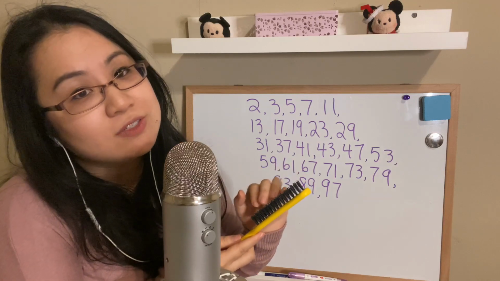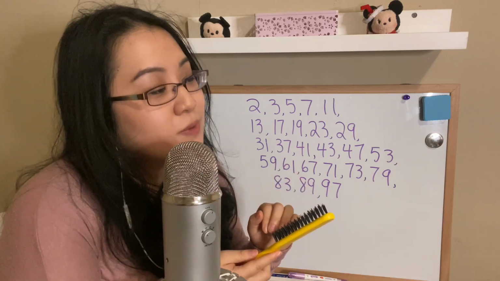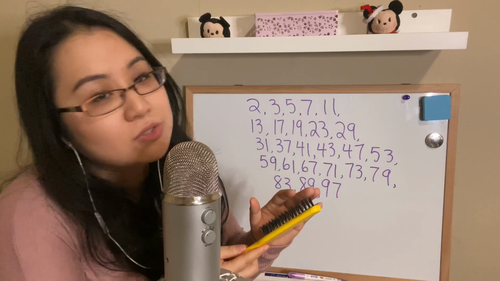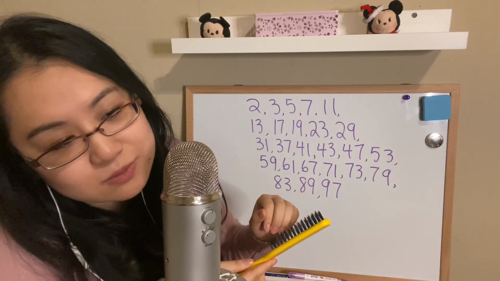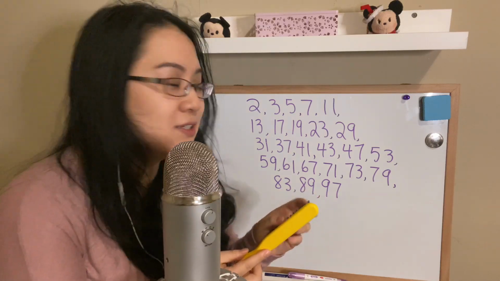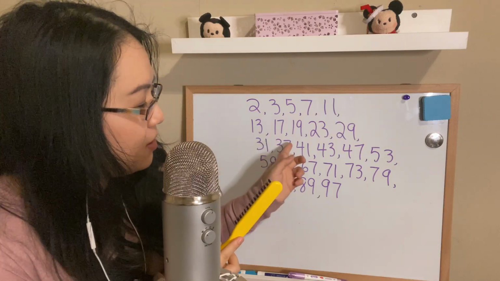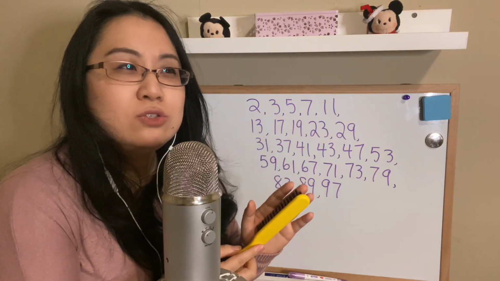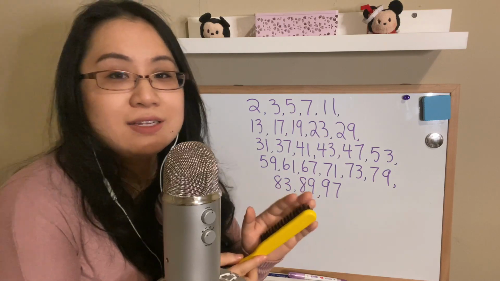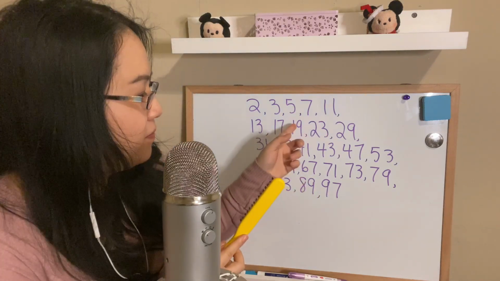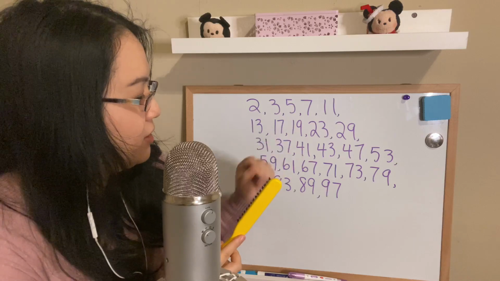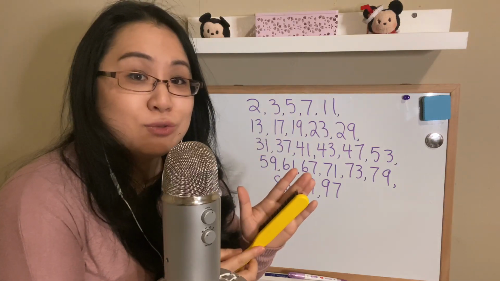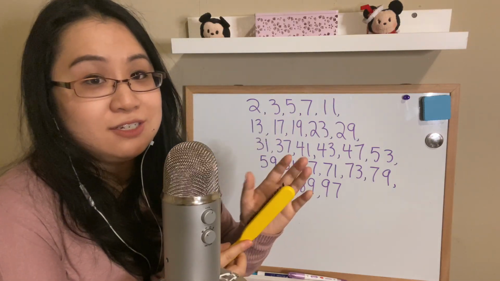You have some perfect squares. So 2 squared times 3 squared is 36. 37 is prime. 38 is 2 times 19, which is prime. 2 and 19. 39 is 3 times 13.